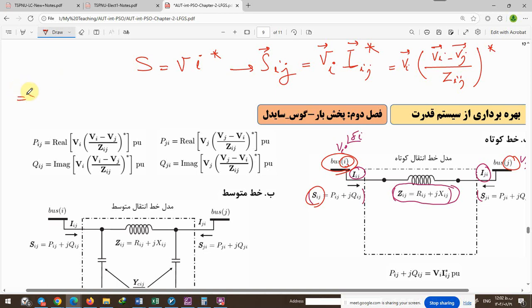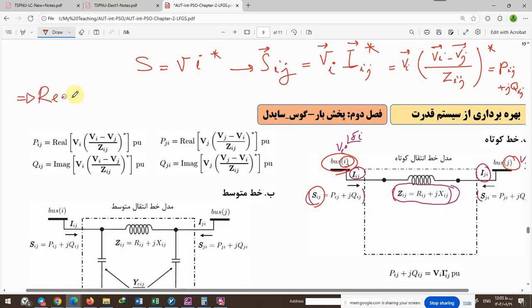And then the real part of Sij is Pij plus jQij.